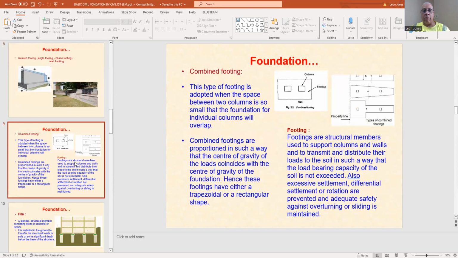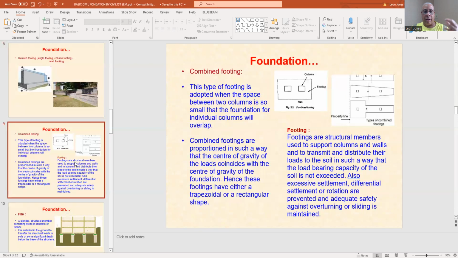Then we get into our combined footings. Again, I'm giving you this review so you can see the picture of what some of these footings look like. As we get into combined footings, it's a footing basically adopted when the space between the two columns is so small that the foundation for individual columns will overlap.